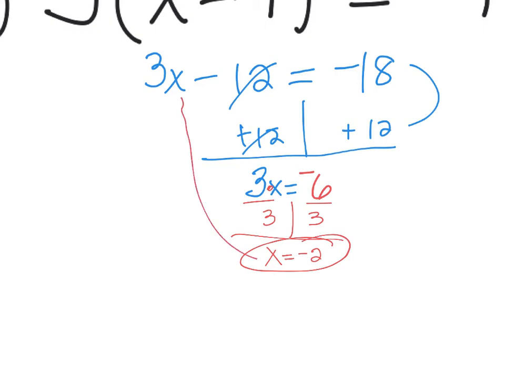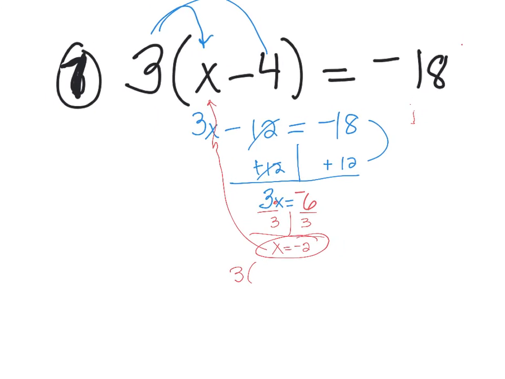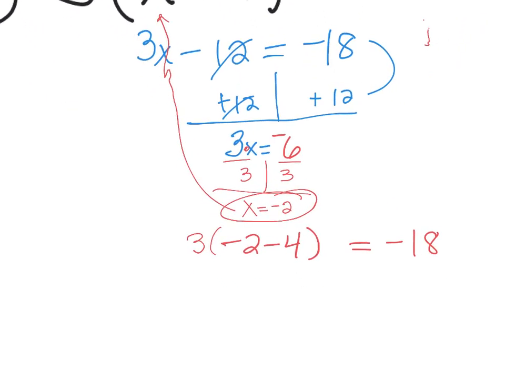Plug it back in up at the very beginning. Negative 2 up there at the beginning. So we're going to go 3 times the quantity negative 2 minus 4. I want that to equal negative 18. This is an order of operations problem now. Do what is inside the parentheses first, but we have to keep change opposite in here.